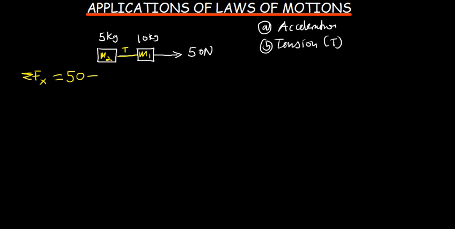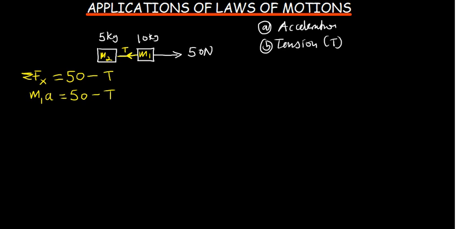So do you have any backward force? This object is going to be more like pulling this object behind, and that is going to be through a tension force. So this tension force is going to be going in the opposite direction. That is how it's going to work. Net force is given by mass, now this is net force in the first one, multiplied by acceleration, to be equal to 50 minus tension.